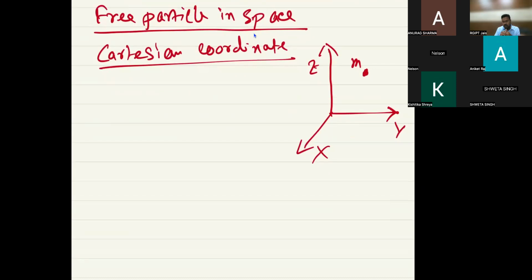Then how do we set up the Lagrangian? How many degrees of freedom does this particle have? If this is a free particle in 3D space, how many degrees of freedom do we have? 3. Yes, these are 3. And what are the generalized coordinates in this case?